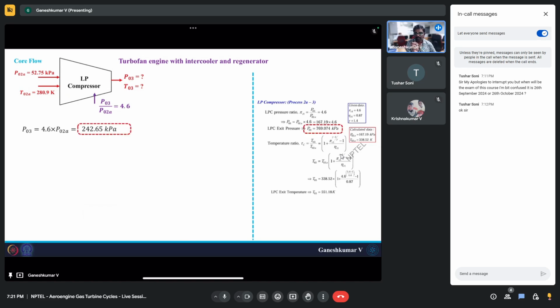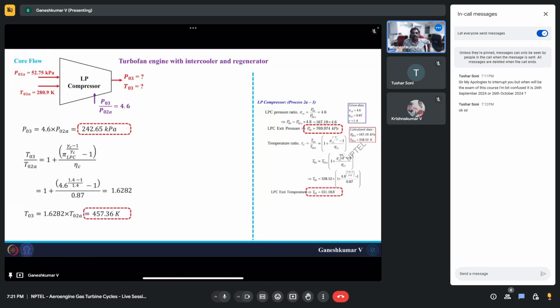And for the temperature, again we have compressor isentropic efficiency, which is 87 percent. Although these numbers are not different between these two engines, basically these two engines are the same, only flying at different altitudes, hence the ratios will be the same, but absolute numbers would be different. That is the difference between these two. So if you substitute these numbers, you will end up having temperature at the exit of the low pressure compressor to be 457.36 Kelvin.